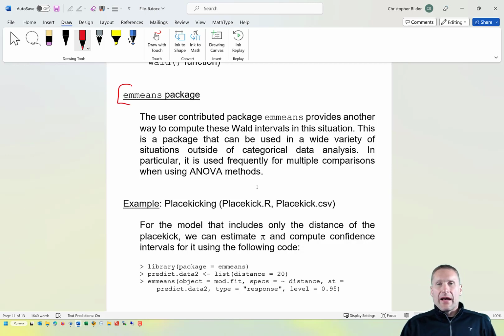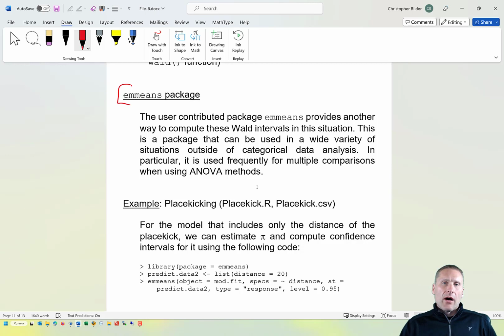Now the emmeans package is a general purpose package that's used with a variety of different statistical models to find confidence intervals for a variety of different aspects of a particular model. When I teach an introductory stat course, I actually show students how to use the emmeans package relative to doing multiple comparisons with ANOVA models. So some of you, depending upon what intro stat course you've had in the past, probably have seen the emmeans package before.